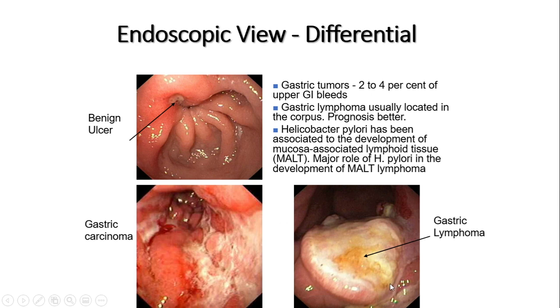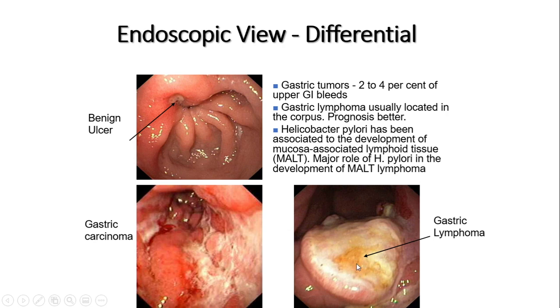Gastric lymphoma, or maltoma, is seen as a flattened or elevated growth with a flattened surface due to submucosal lymphoid tissue.